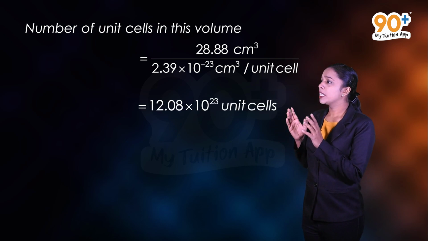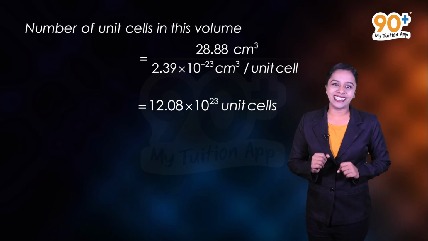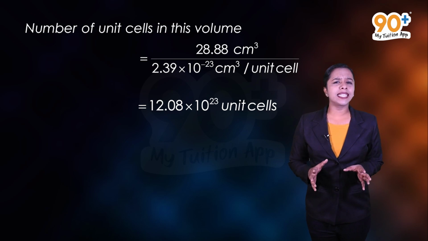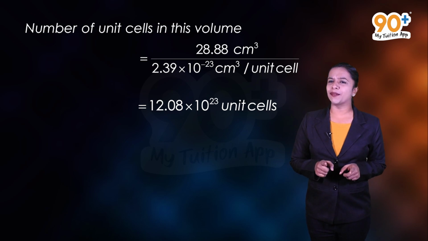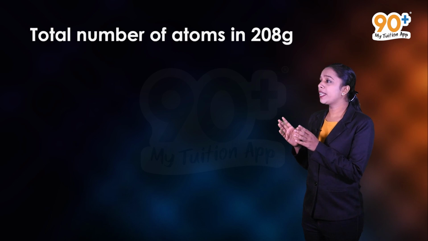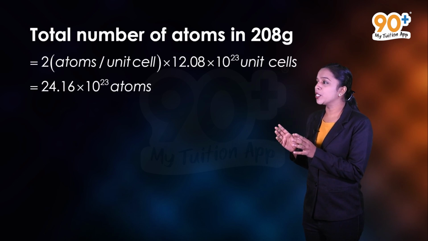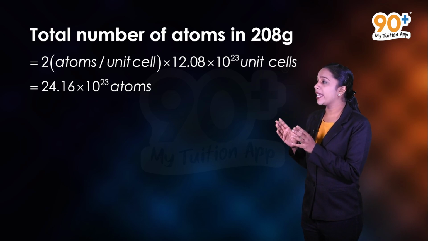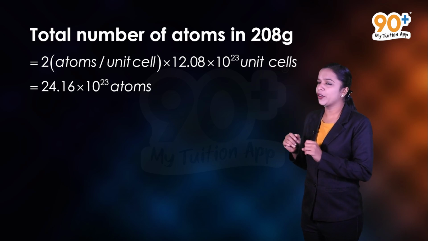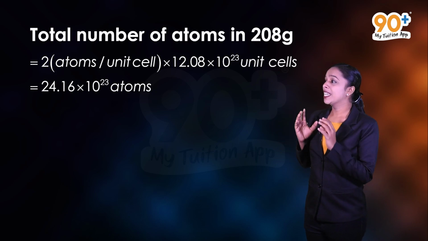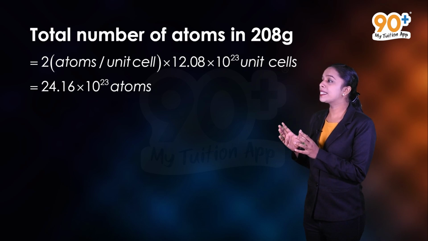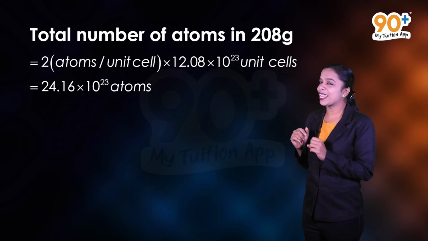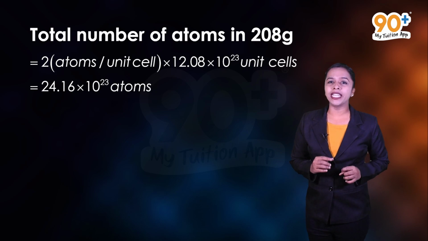That is equal to 12.08 into 10 raised to 23 unit cells. Since each BCC unit cell contains 2 atoms, the total number of atoms in 208 gram is equal to 2 atoms per unit cell into 12.08 into 10 raised to 23 unit cells, that is equal to 24.16 into 10 raised to 23 atoms. So let's move to the next question.